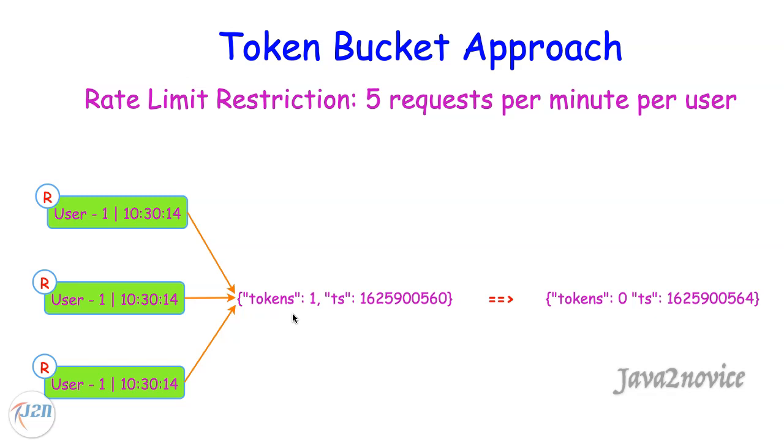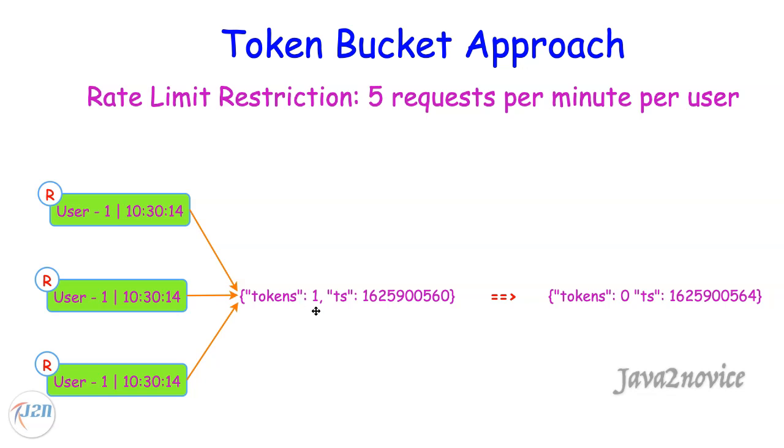All these processes consider that there is only one token available, that they have not hit the rate limit yet, and accept the request. If you notice here, since there is only one token available, out of these 3 requests only one should be allowed and the rest must be denied. But all these requests were accepted and processed. This is an issue, because Redis operations are not atomic.